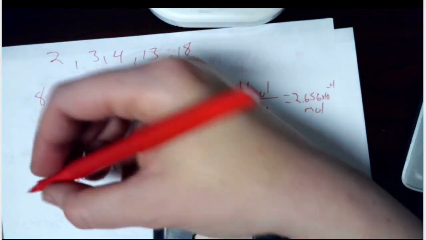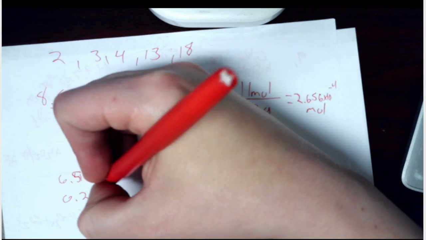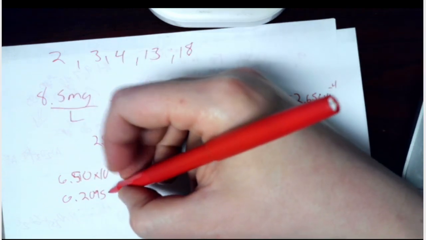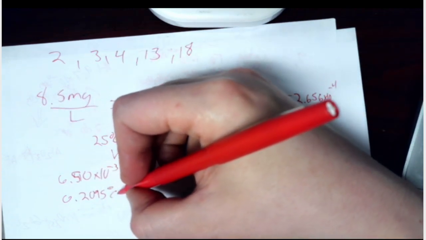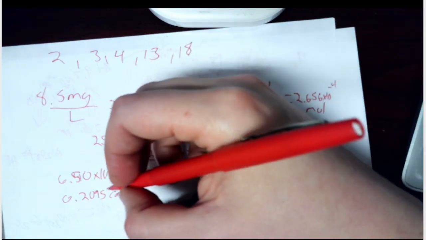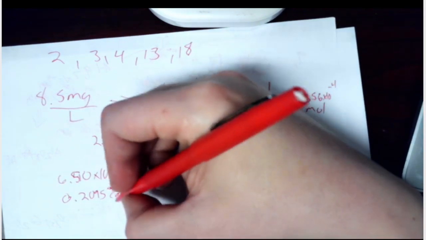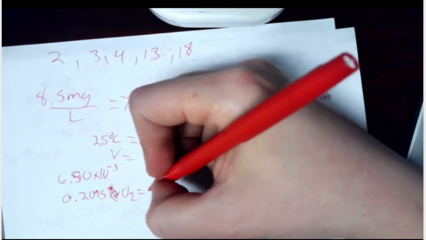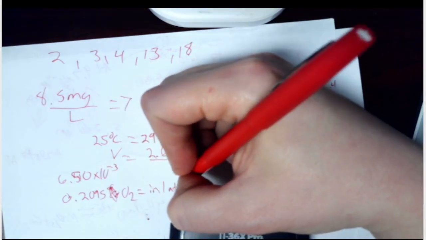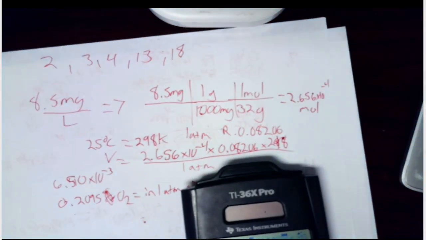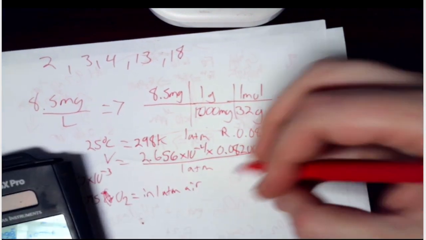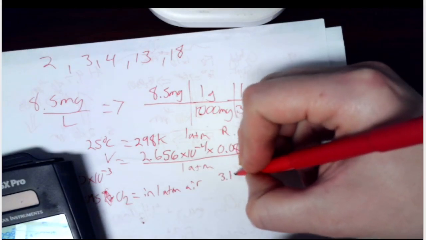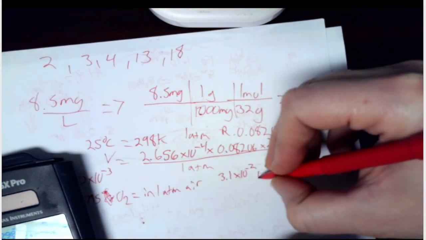Oxygen is actually 0.2095, essentially almost 21%, of 1 atmosphere of air. So they want us to instead divide our number by 0.2095 instead of 1, and you get 3.1 times 10 to the negative 2nd liters.